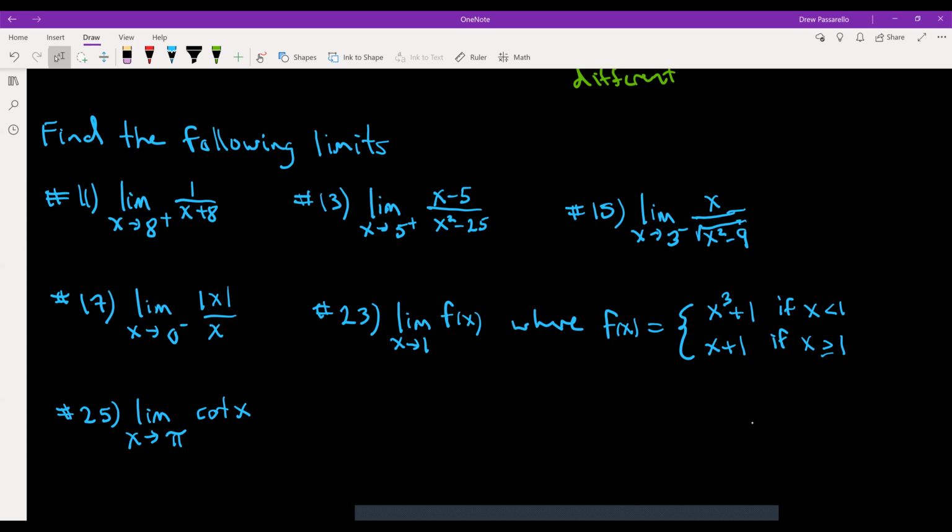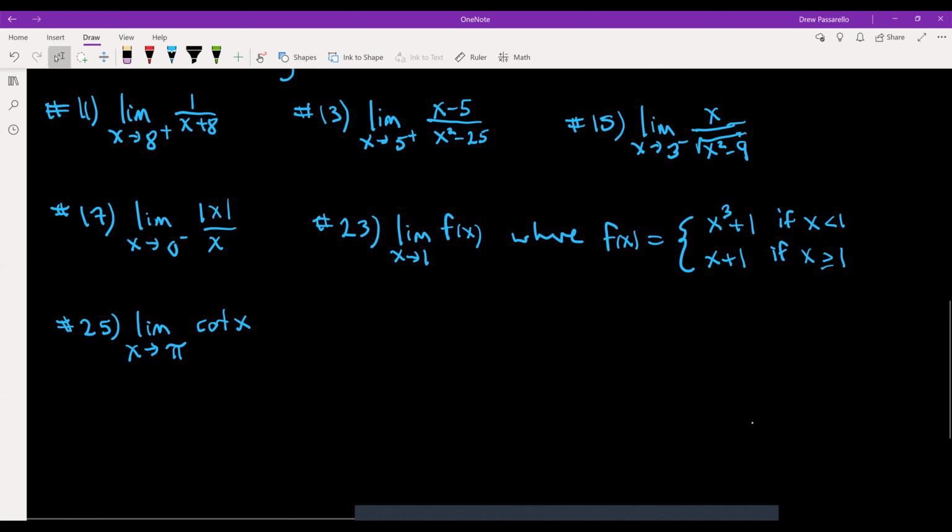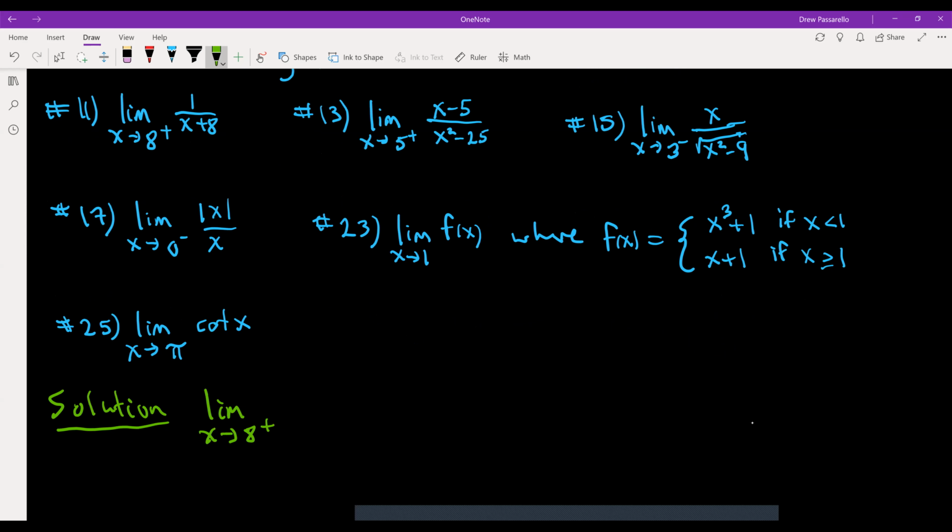So for number 11, this is technically a right-hand limit as x approaches 8. But instead of having to graph it, I would just try to plug in the value for x.